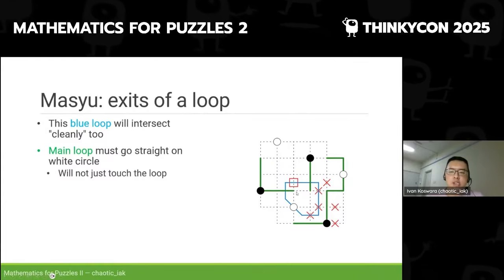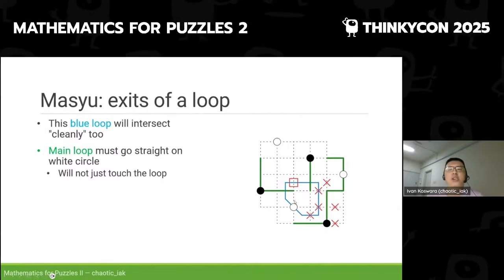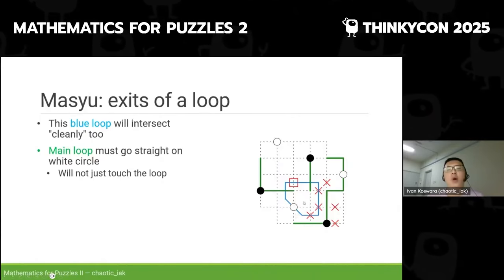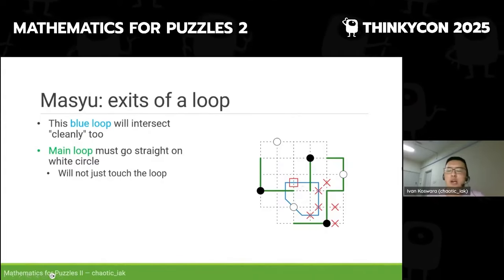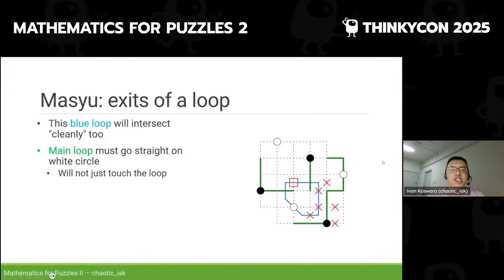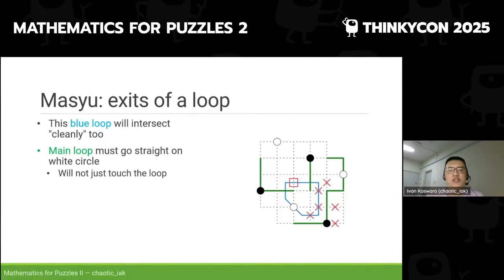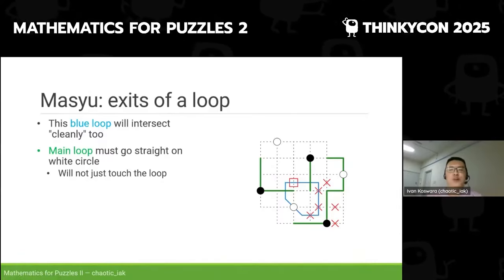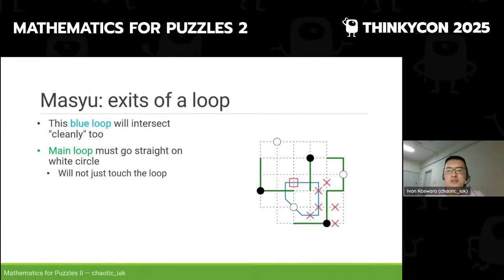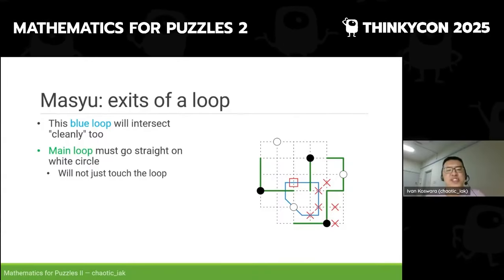So this is a third intersection. We need an even number of intersections. That means our remaining one must also be part of the loop, must be another intersection. So you can see how this corollary gets used in more complicated ways. It can make for a very surprising, amazing deduction.